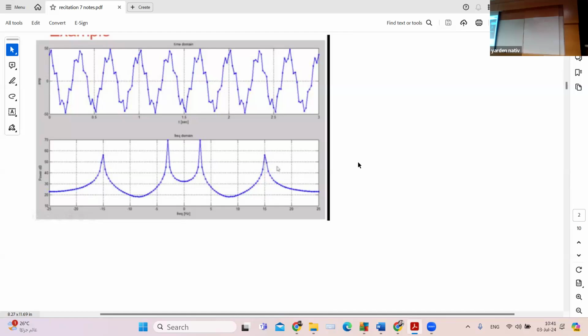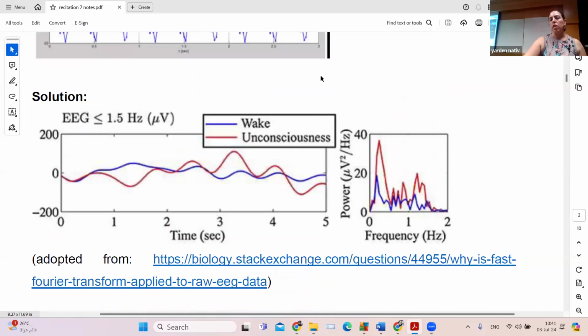It will never be that clear. Also in your project, you will have something that is more similar to real data, and real data is noisy. Therefore, we have some frequencies that are just irrelevant to how the brain works, okay? And these are these small peaks over here that we see over the power spectrum.